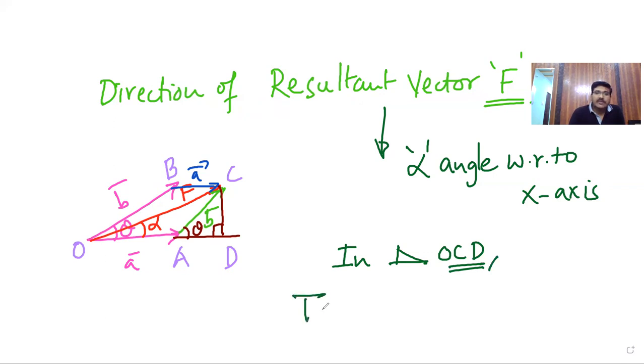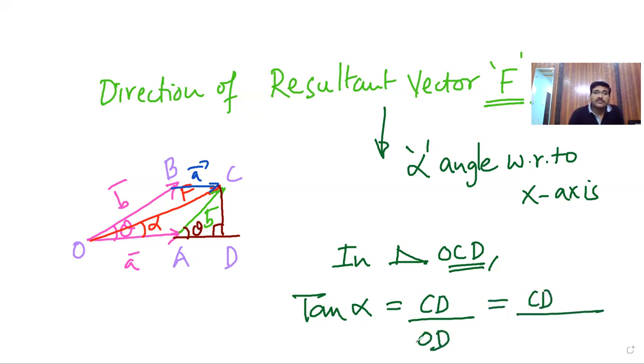What is tan alpha? Because I require the alpha angle, the direction angle of F with respect to the x-axis. Tan alpha is the opposite side CD by the adjacent side OD. What is OD from earlier? OA plus AD.